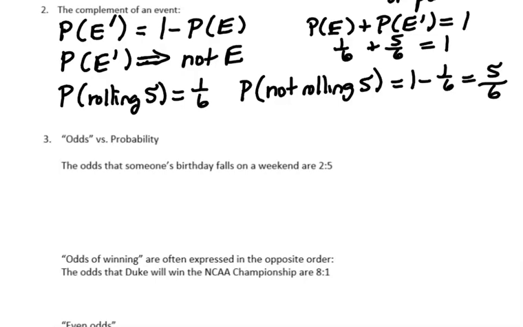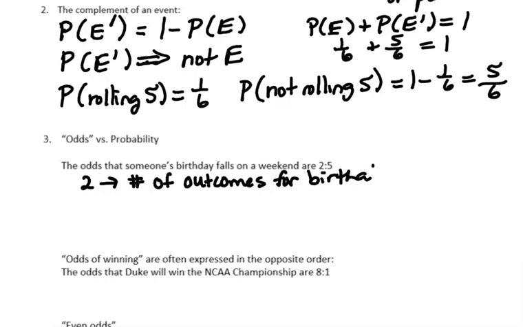Now, let's take a look at odds versus probability. So the odds that someone's birthday falls on a weekend are 2 to 5. That doesn't mean there's a 2/5 chance that their birthday falls on a weekend. It means there's a 2 out of 7 chance. So the 2 is the number of outcomes for birthday on the weekend.